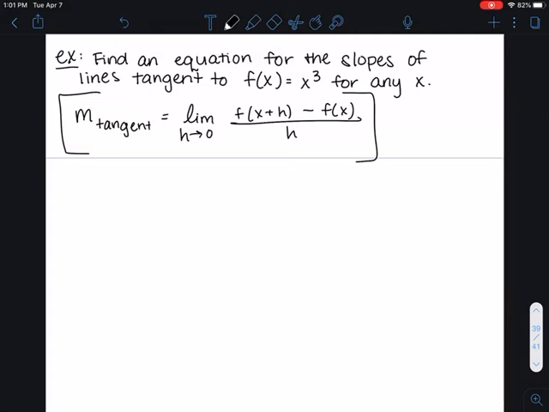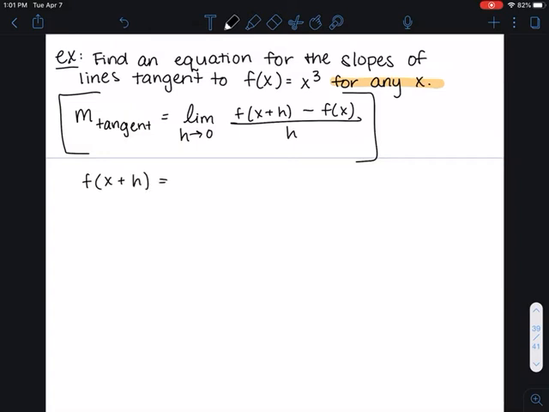Alrighty, so using this, we're going to find an equation for the slopes of lines tangent to f of x equals x cubed for any x. They do not tell us that x is a certain point. They want to know for any x. So I'm going to plug in x for my x, okay? So x's will not change.